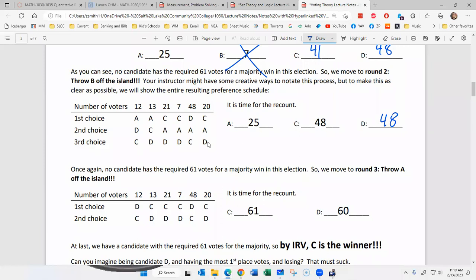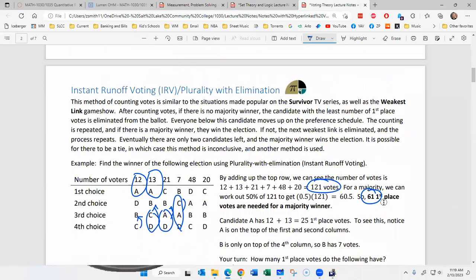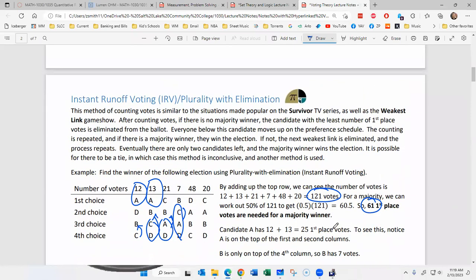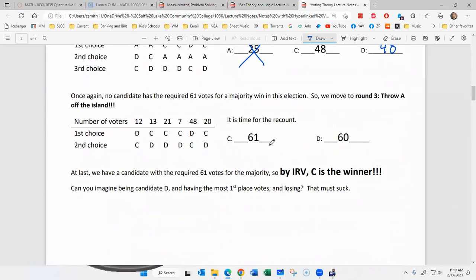No one's in the majority. We throw out A. That changes the preference schedule. We then count up. 61, what was the majority? 61. C ends up winning. D was the plurality winner, but didn't win the voting method overall. That seems unfair.